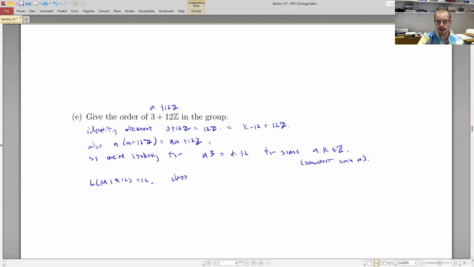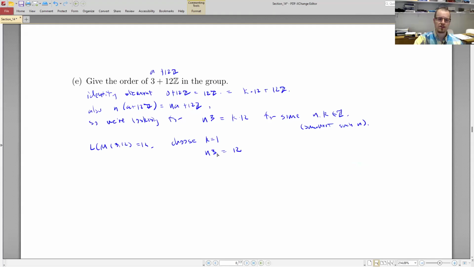That's the smallest way that I can make these two things equal to one another. So I'm going to choose k equal to 1, and that's going to give me n times 3 is equal to exactly 12. And now I can find my value for n. That gives me n is equal to 4. Easy enough. The order of 3 plus 12z is 4.